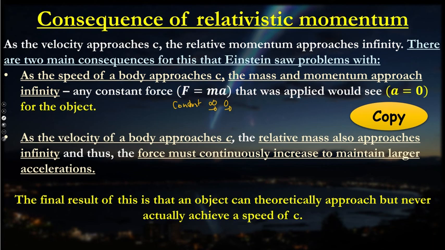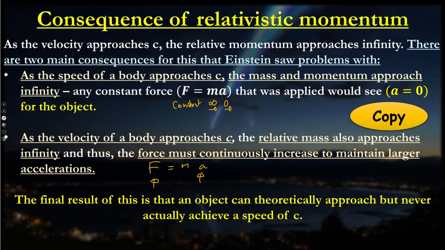So if we want to increase acceleration, we can increase the force, because that's our only way to ensure that acceleration will increase. So what that means is we need an incredible amount of energy, and obviously that's not possible.